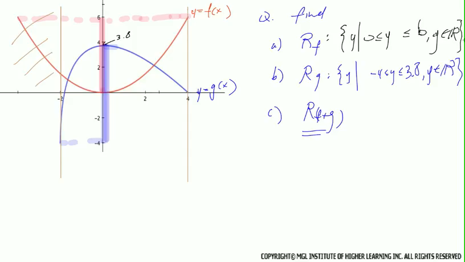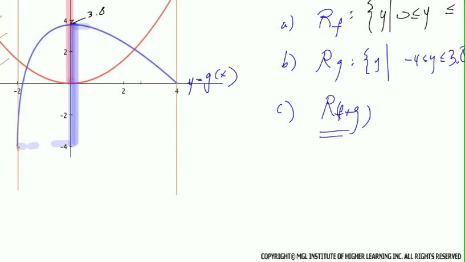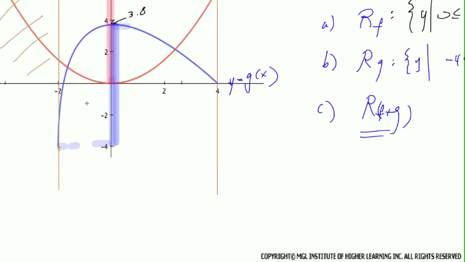The range, you have to think about, okay, look. Here's -4, right? But look, if you add the orange, so let me actually zoom in here. Here is the y value for -2 for g, and here is the y value for f.